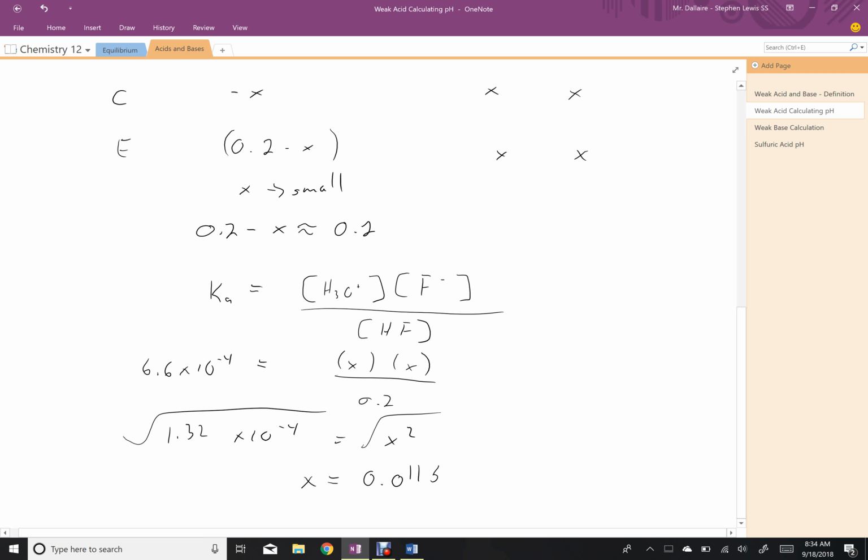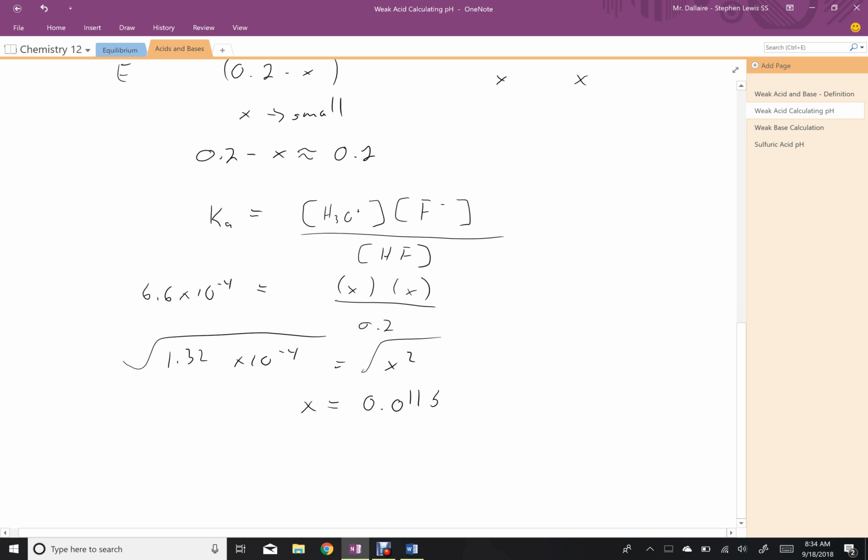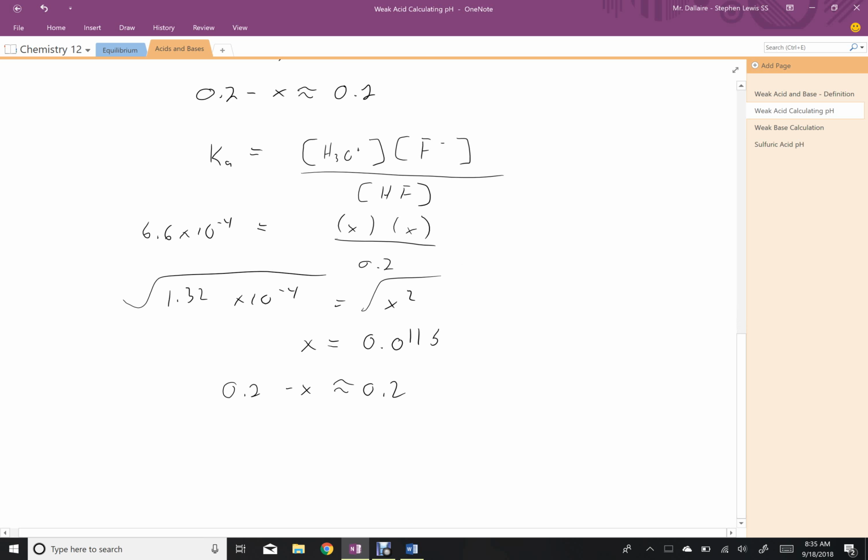Now let's just check our assumption here. We said that 0.2 minus X should be approximately equal to 0.2. So 0.2 minus 0.0115, and I got 0.1885, which, I don't know, is that close enough for you?